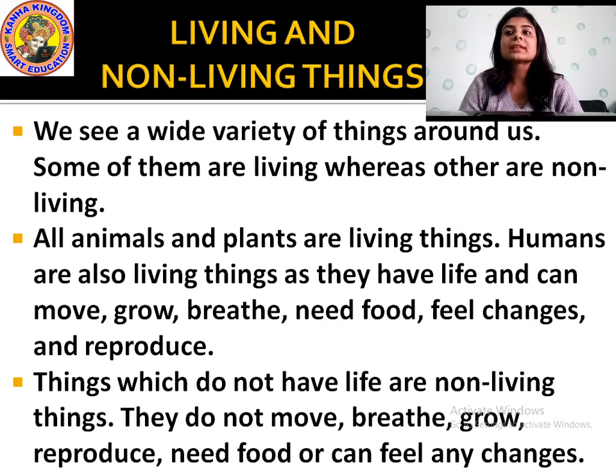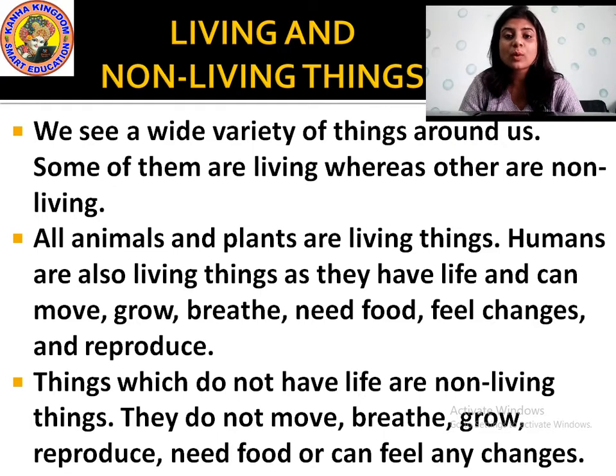Okay, see, it is also written there, all animals and plants are living things. Humans are also living things as they have life and can move, grow, breathe, need food, feel changes and reproduce. These are some characteristics of living things.